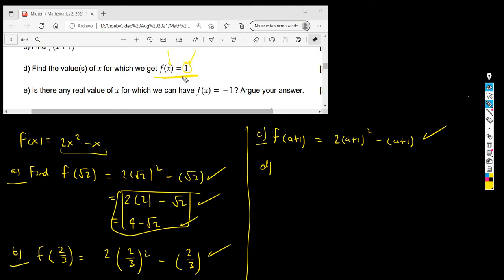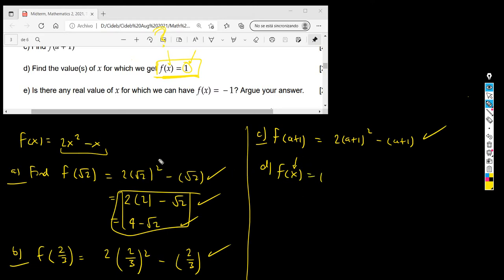So basically this symbol, guys, can be read in this way. For which x do we have that f evaluated in such value will be 1? You see? So for what value of x do we have that f of x is equal to 1?